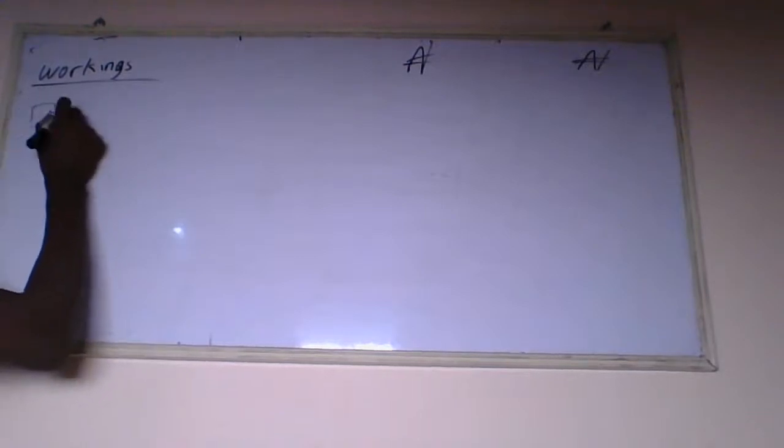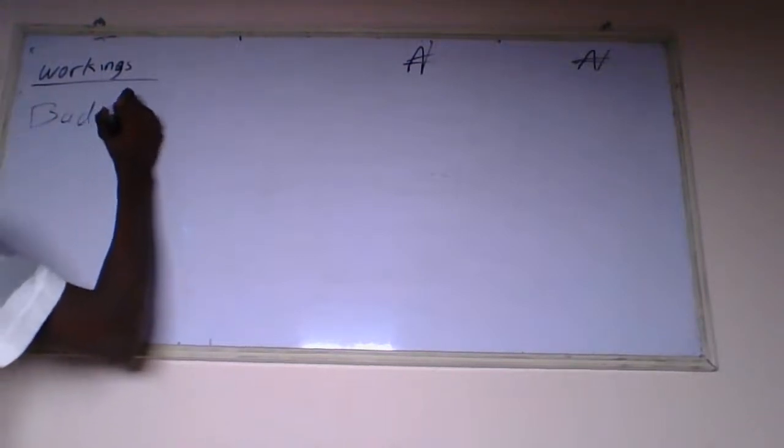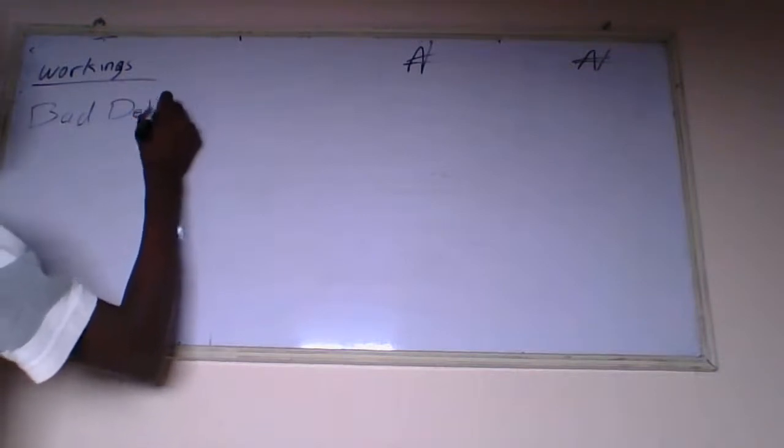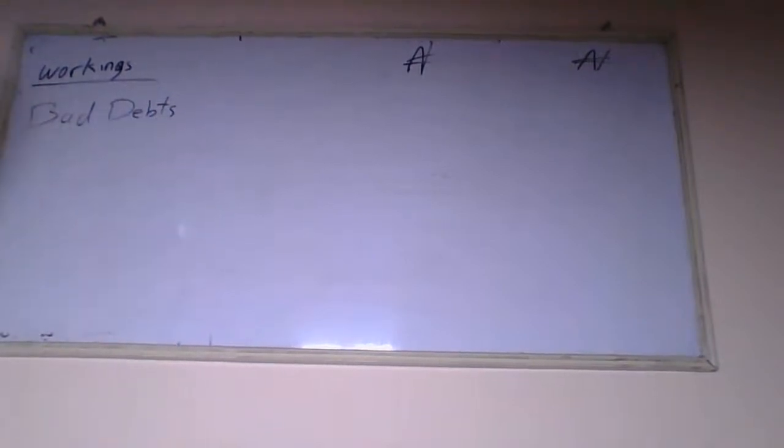The next additional information is talking about bad debts. It's saying we should make a provision for bad debts at 2% of our receivables balance. Our receivable balance is 45,000.